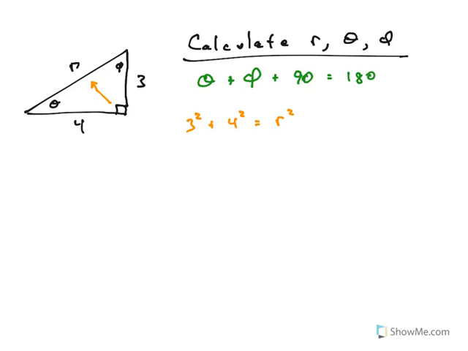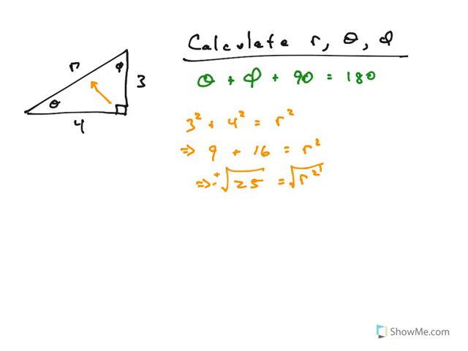Well, yeah, I can solve this. There's only one unknown sitting there, the r, so let's solve it. 3 squared is 9, 4 squared is 16, equals r squared. So 9 plus 16 is 25, equals r squared. But of course, I don't want r squared, I want r, so I take the square root.